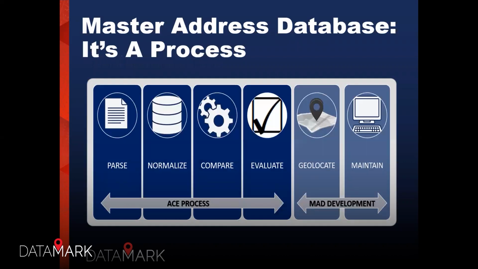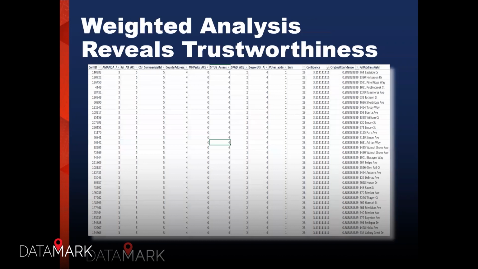We did a weighted analysis to indicate a trust factor or trustworthiness, essentially taking a look at what databases each address candidate came from, and if it occurred in more than one database, its trustworthiness factor went up. If it came from databases that had a high trustworthy factor, then the overall aggregate came up as well.